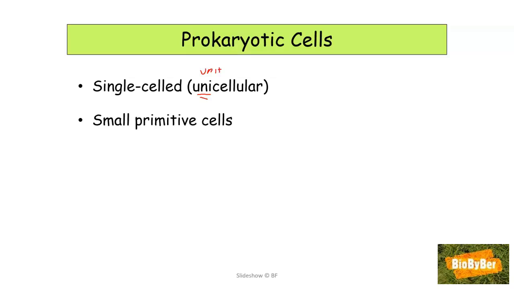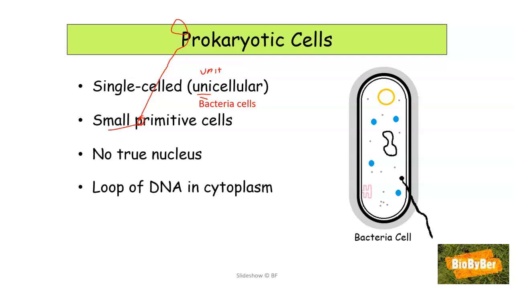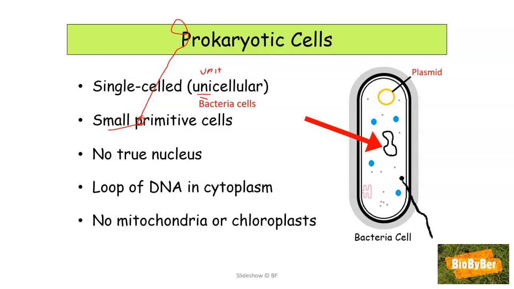Then we learned that they are small, primitive cells, P for primitive, P for prokaryotic. Prokaryotic cells are usually bacteria cells. Prokaryotic cells have no true nucleus. They just have a loop of chromosomal DNA in their cytoplasm. They have no mitochondria or chloroplasts.